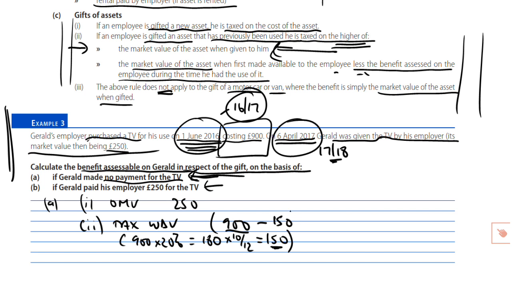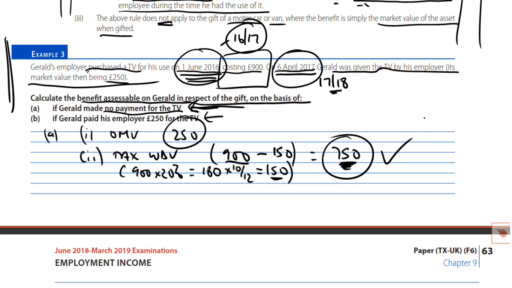That is 150, so 900 minus 150 is £750. So, which is greater, the open market value of 250 or the tax written down value of 750? Clearly, it is the 750. So in the 17-18 tax year, there's an assessable benefit, the gift, the transfer of that to the individual employee, to Gerald, of £750. That's the assessable benefit.